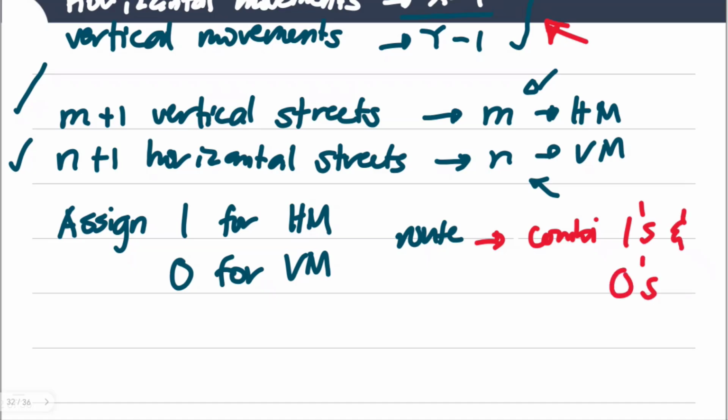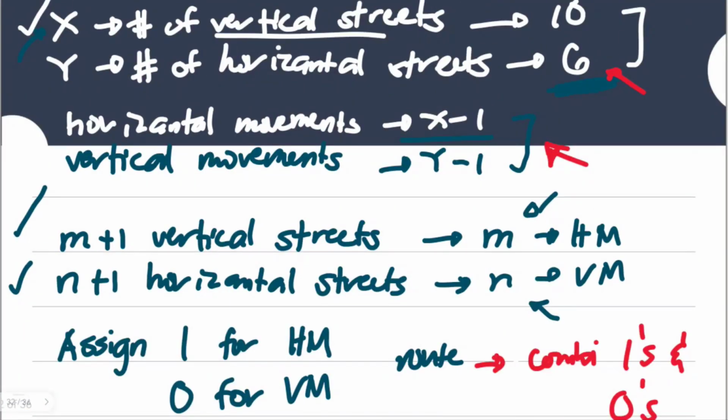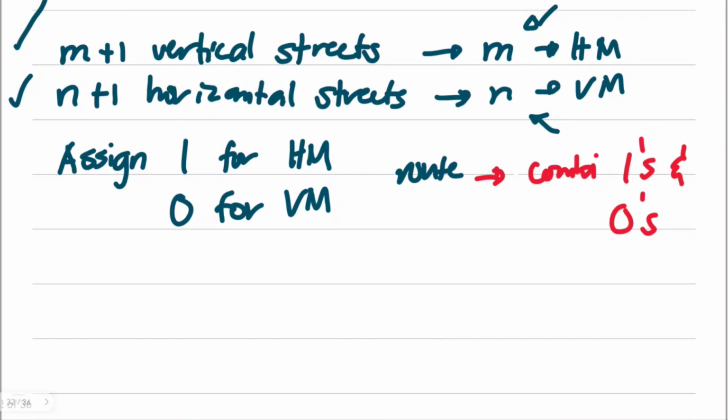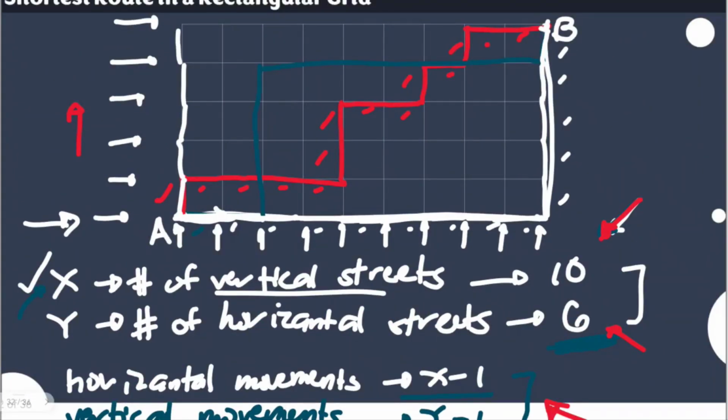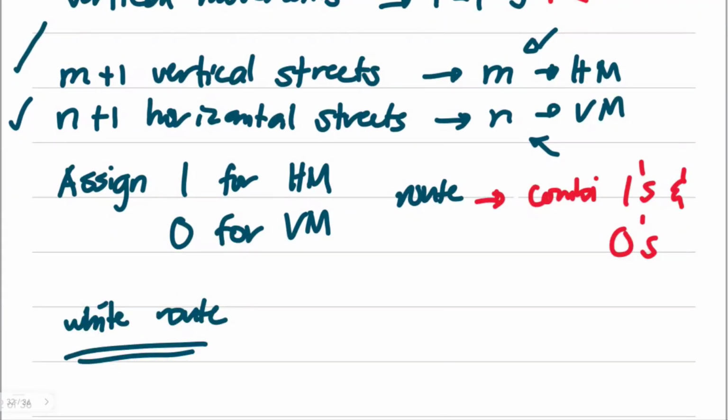Even if you're going to look at this red here, let's try to look at the white movement earlier. Don't worry, I'm using blue here, but for the white route, you have 1, 2, 3, 4, 5, 6, 7, 8, 9. You have 9 horizontal movements.